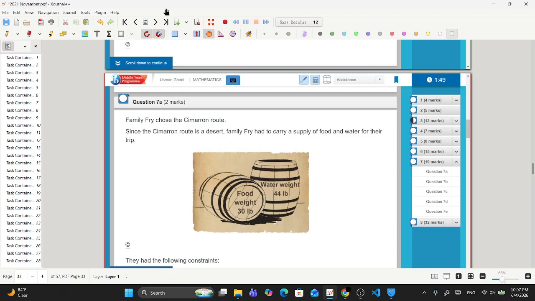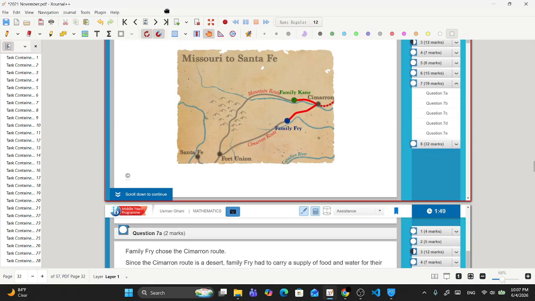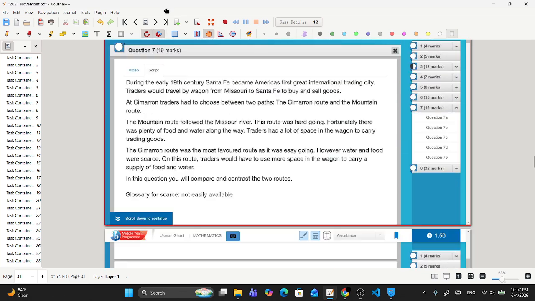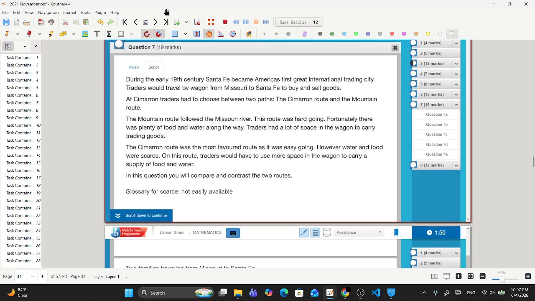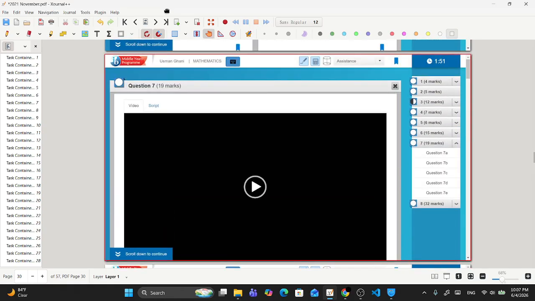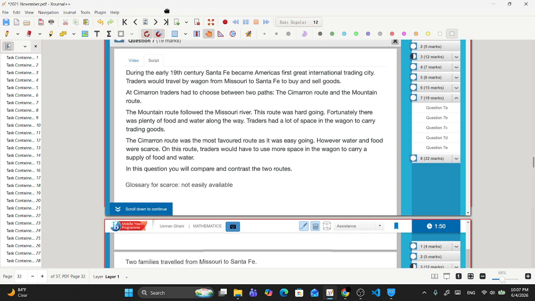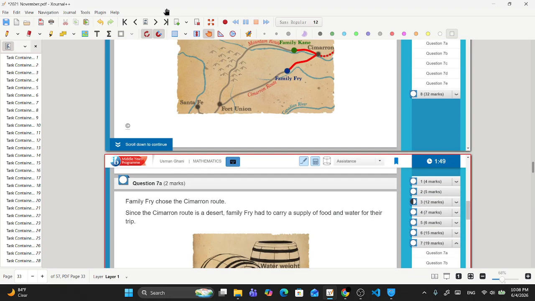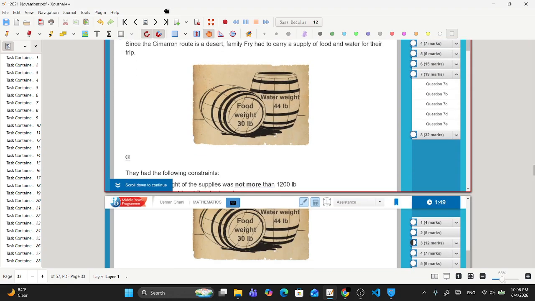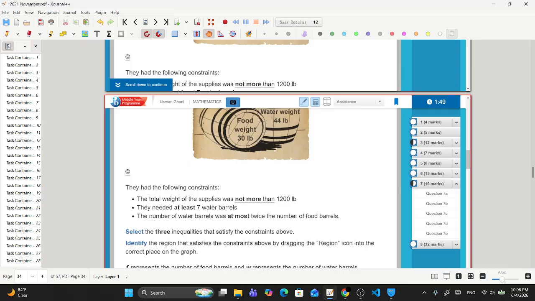Okay, supply food and water. Okay, so basically the mathematical part is what is important. So they had to supply food and water, but they had a few constraints. The total weight of the supplies was not more than 1200 pounds.